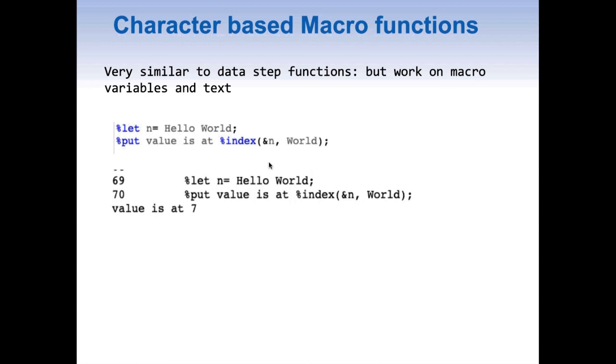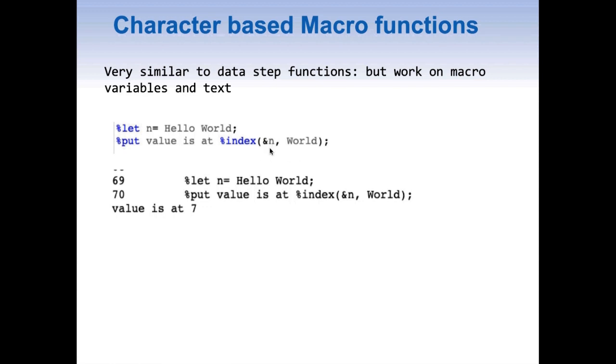Whenever we do an index function in the data step with two arguments, for the first argument we usually use our variable, and for the second argument we use some kind of character value and put it in quotes. And when we compare that to our %index function, we again have two arguments.